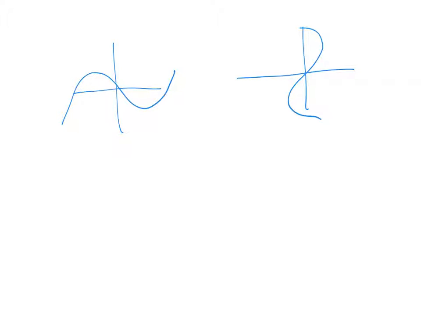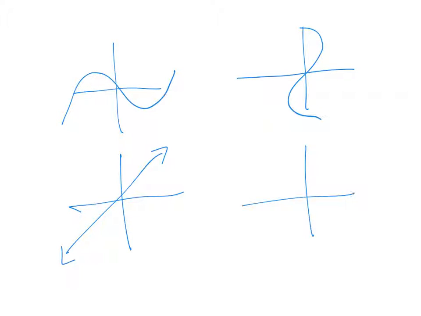If I have some graphs, let's say this graph looks like this. This graph looks like this. This graph looks like this. And this graph looks like, let's see, a circle, like that.